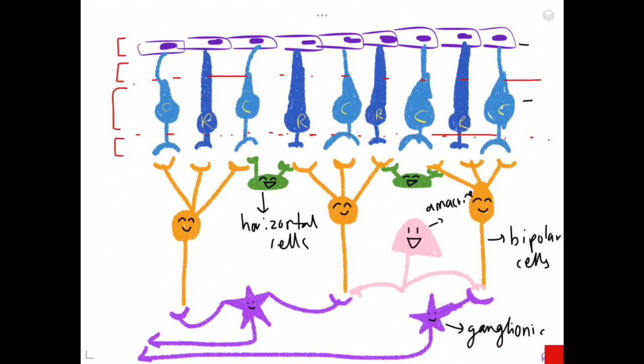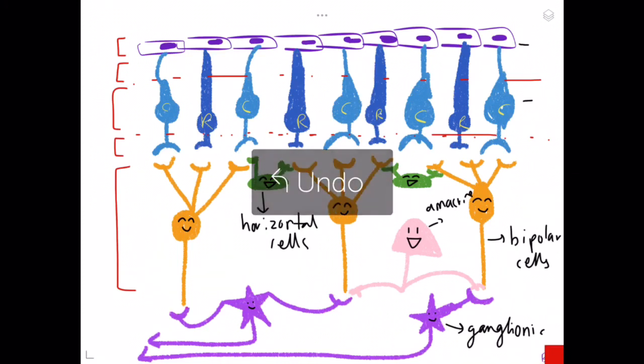Okay, and now where we have the bipolar cells and the endocrine cells, this is the inner nuclear layer, and this connection, where we have this connection going on right here, which I'm drawing right now, this is the inner plexiform layer.